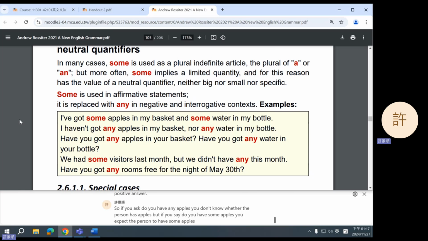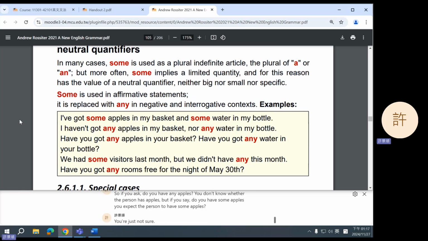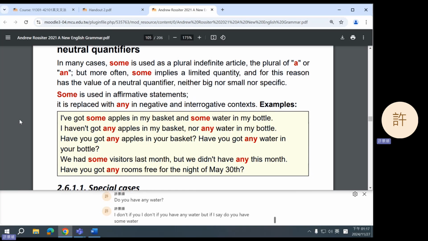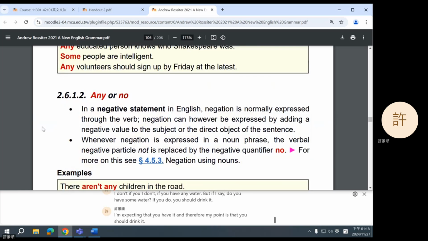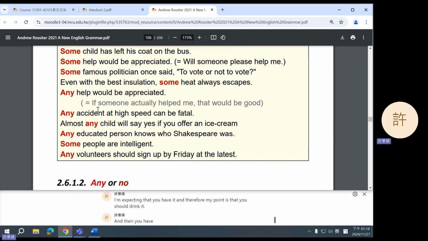You're just not sure. So if I say, do you have any water? I don't know if you have any water, but if I say, do you have some water? If you do, you should drink it. I'm expecting that you have it, and therefore my point is that you should drink it. And then you have more examples here.